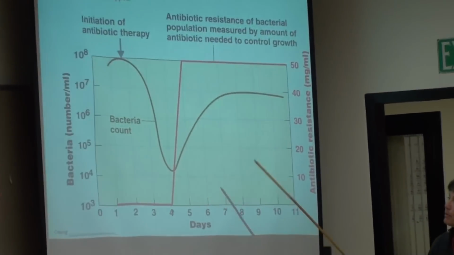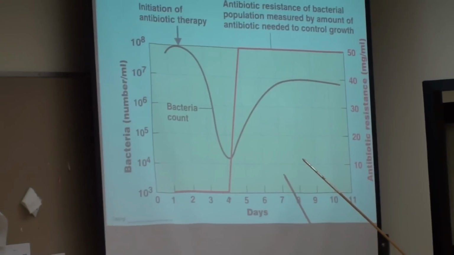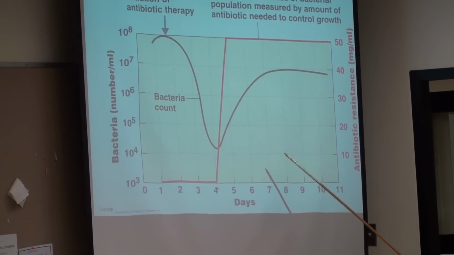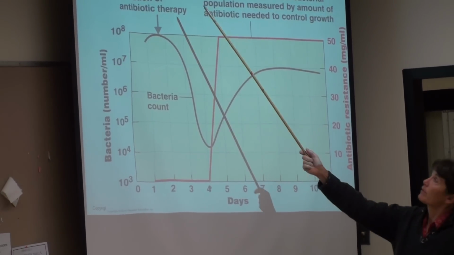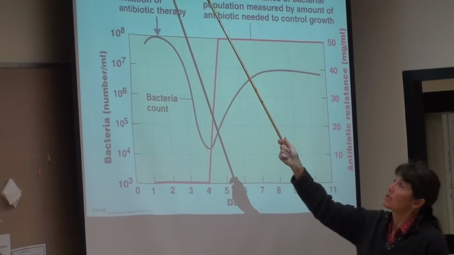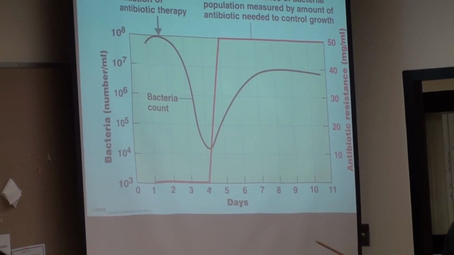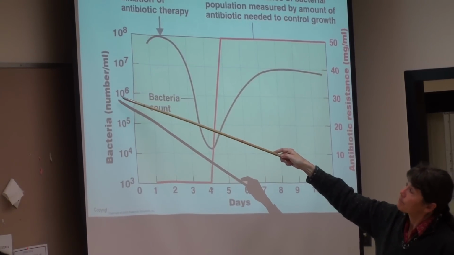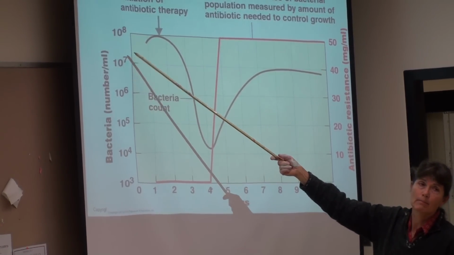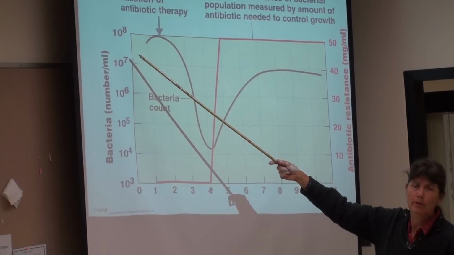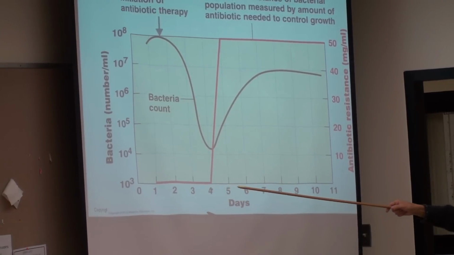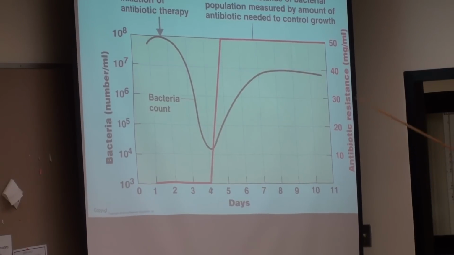So this is monitoring the presence of antibiotic-resistant bacteria in a poor patient that was suffering from a chronic kidney infection caused by gram-negative bacteria. So here in black is the number of bacteria that were present, and I'm presuming in perhaps a milliliter of blood, maybe we had a little septicemia going on. And then this represents the antibiotic resistance.